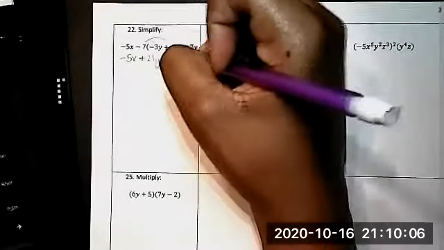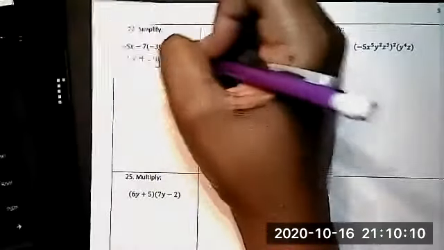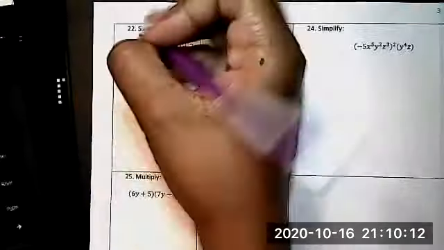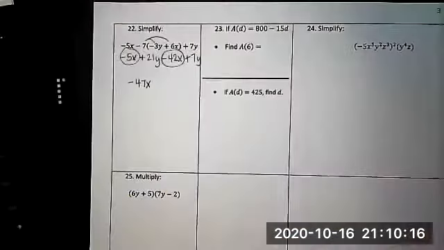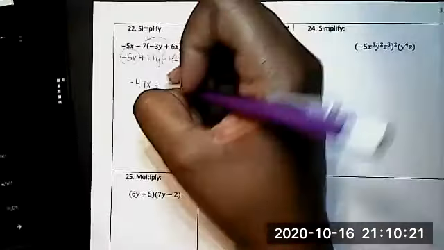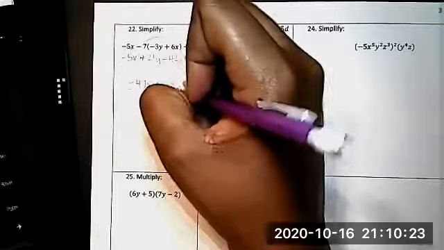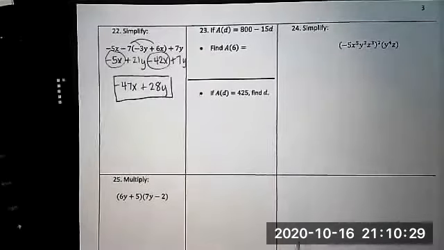And then plus 7y. Combine like terms. Negative 42 and negative 5 become negative 47x. Plus 21y plus 7y is 28y. That cannot combine, unlike terms. One has an x, one has a y, you gotta leave them separate.